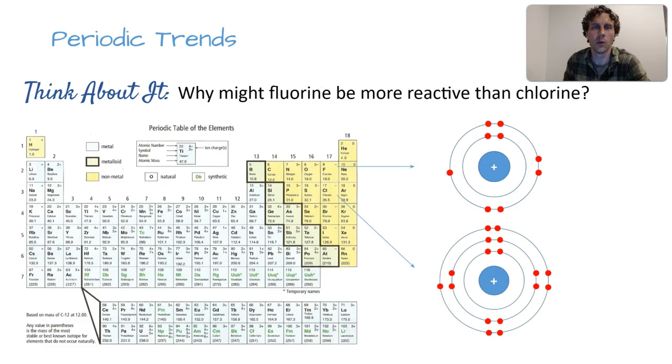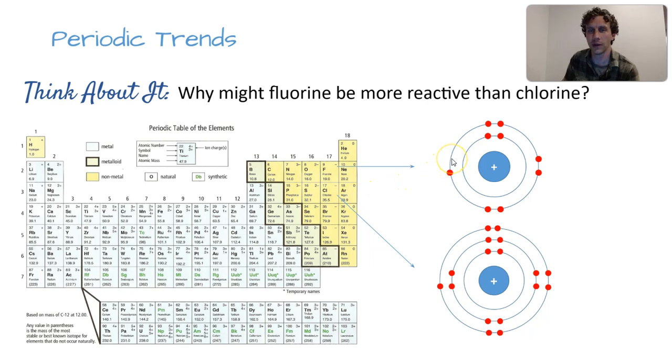Okay, what about on the other side of the periodic table? Here's fluorine right there. Here is chlorine. Remember, the halogens are highly reactive nonmetals. Why might fluorine be more reactive than chlorine? Okay, they are all missing one electron in their valence shell.